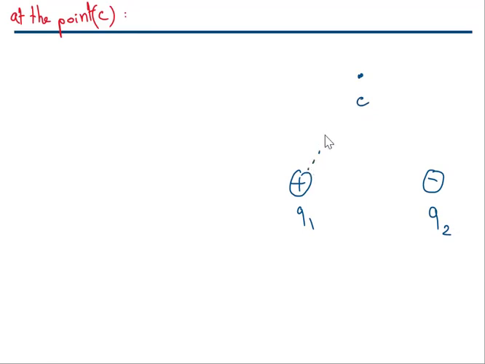This positive point charge produces an electric field outward, because it's positive. So this is E1C, and the negative charge produces an electric field inward toward the charge Q2, E2C. Good. What is our total electric field? The total electric field is the vector sum. We draw the parallelogram formed by these two vectors, and this is E at the point C. Okay, good.